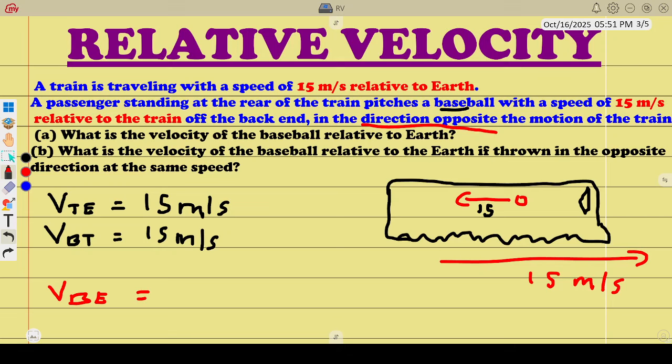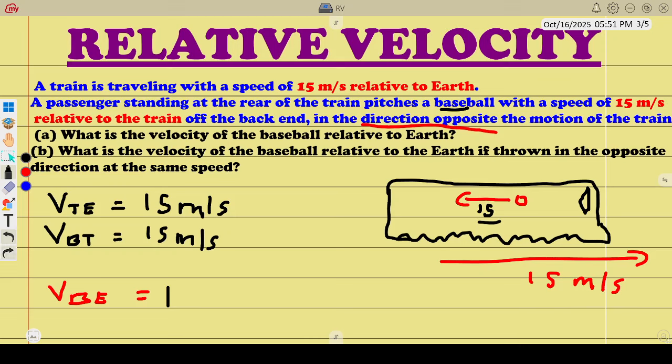In simple terms, a train is moving forward and then a ball is thrown backwards. If you were to watch a movie in such a scenario, since the speeds are the same, so first let me just calculate. We'll add the first velocity, the velocity of the train.